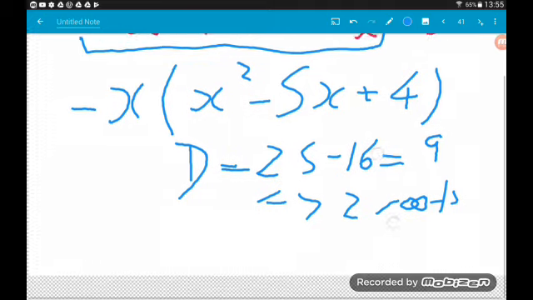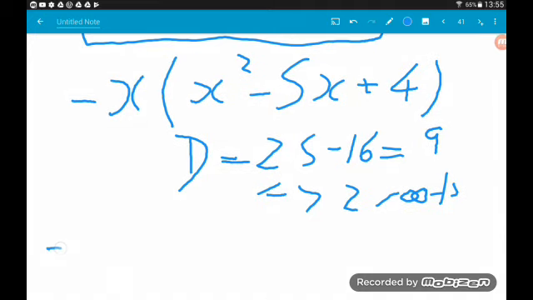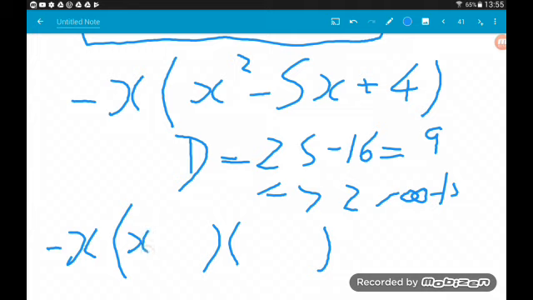Okay. So if we factorise this, we got minus x times, well, we want a minus 5x and a positive 4 at the end. So it's going to be x minus 1 and x minus 4, like that. Now, if we think about this as an equation, we got an equals 0.